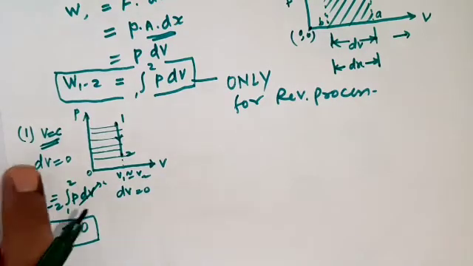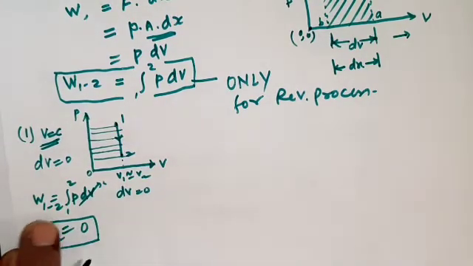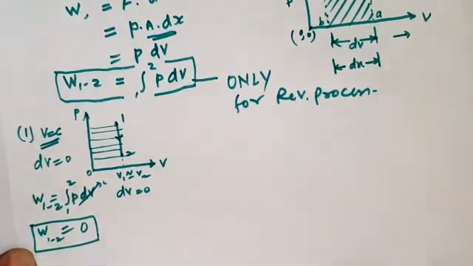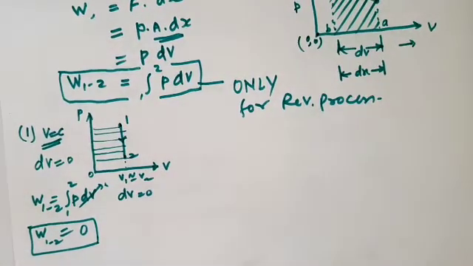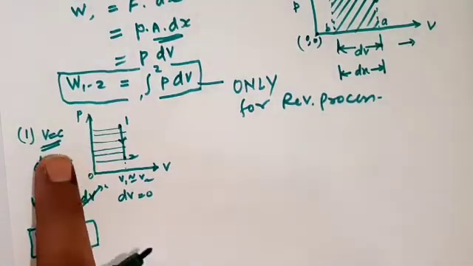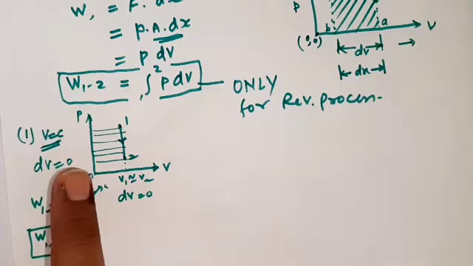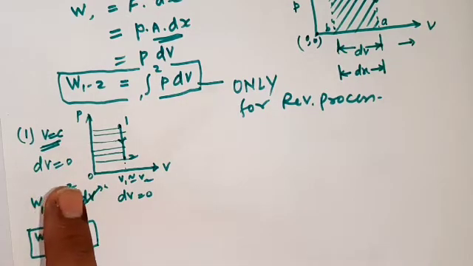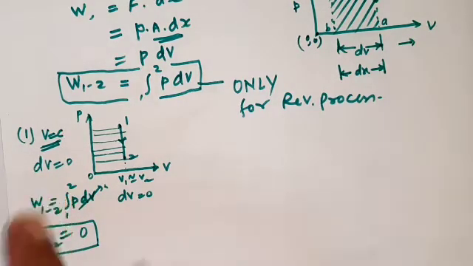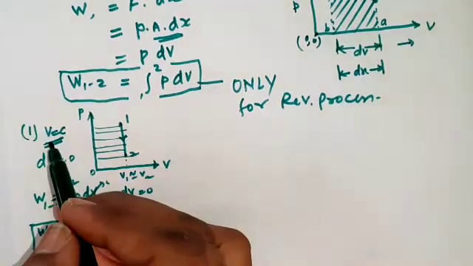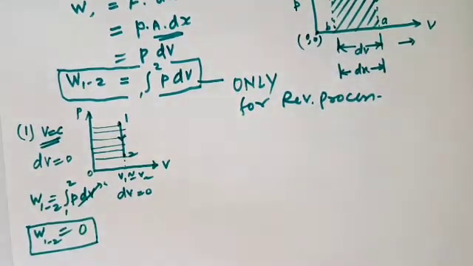If dV is equal to 0, then W1 to 2 will be 0. So during the constant volume process or isochoric process, work done is 0.